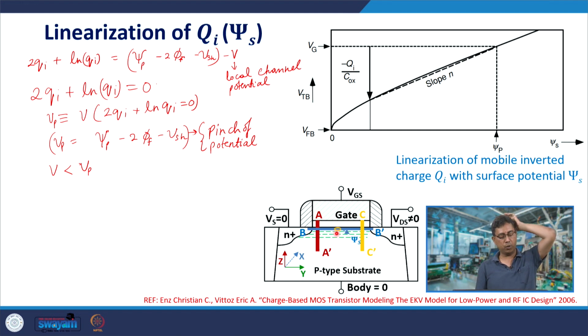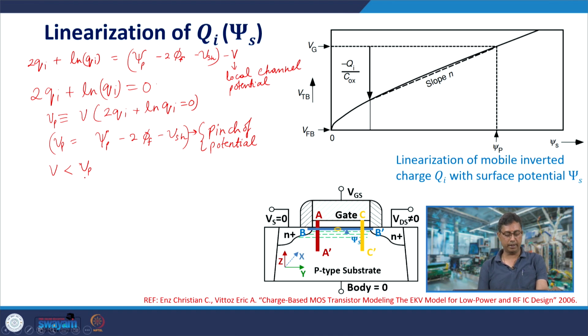So, what is the local channel potential there? There we have a local channel potential equal to Vp, and between the source edge of the channel and that point where local channel potential is equal to Vp, you satisfy the condition that local channel potential is smaller than Vp.